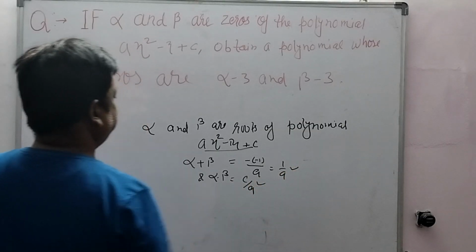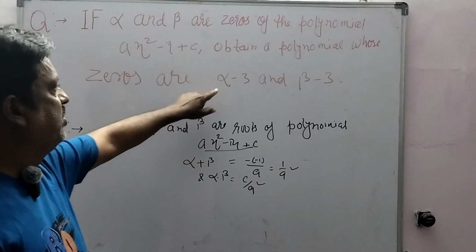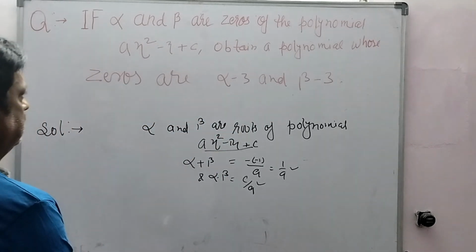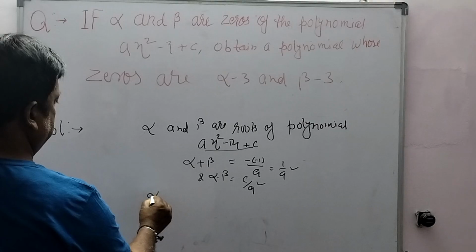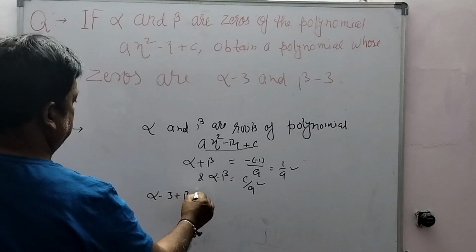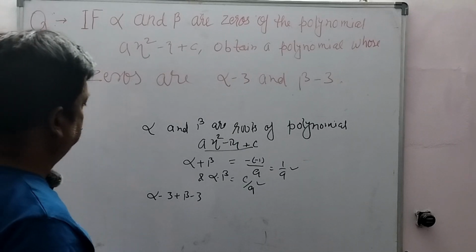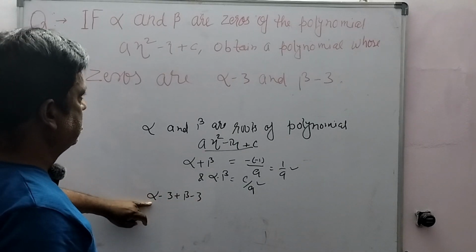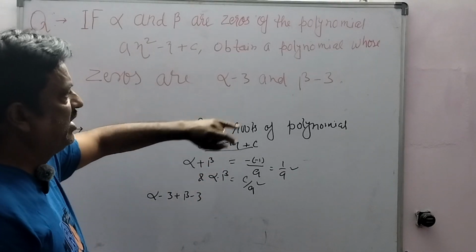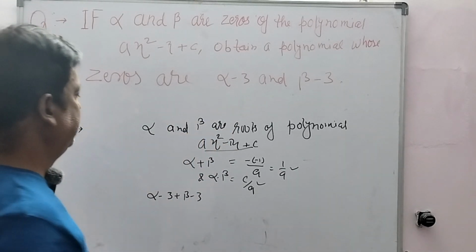Okay. Now for the new polynomial, we have to find the sum of the new roots, alpha minus 3 plus beta minus 3, and the product of these roots. Then we can find the polynomial.